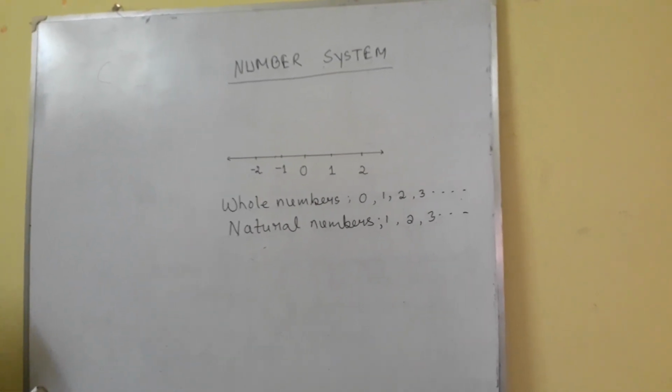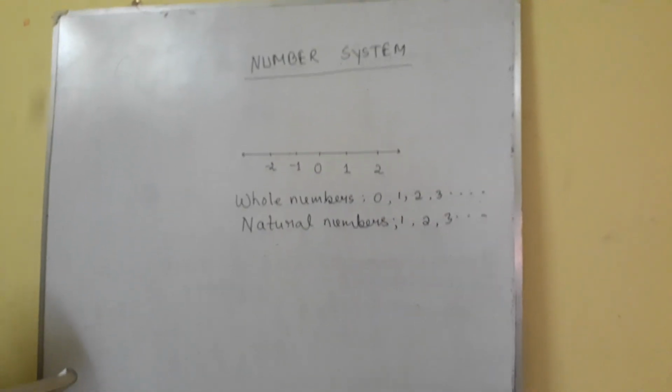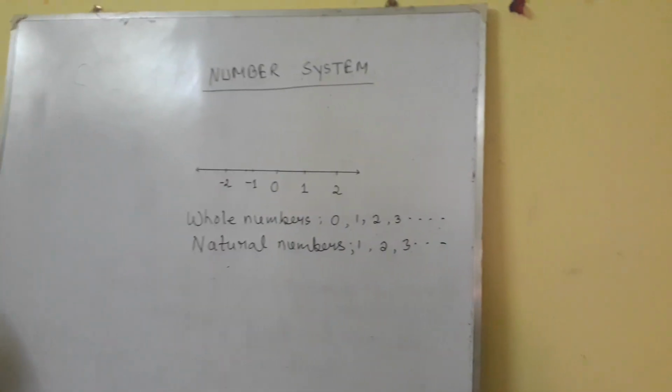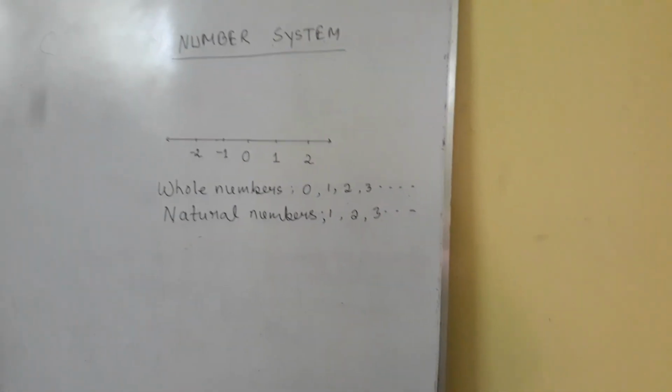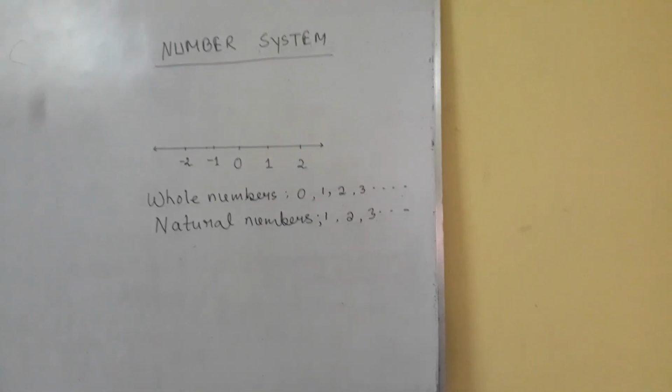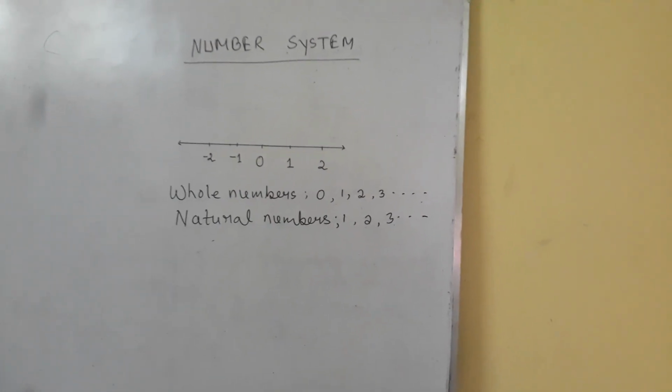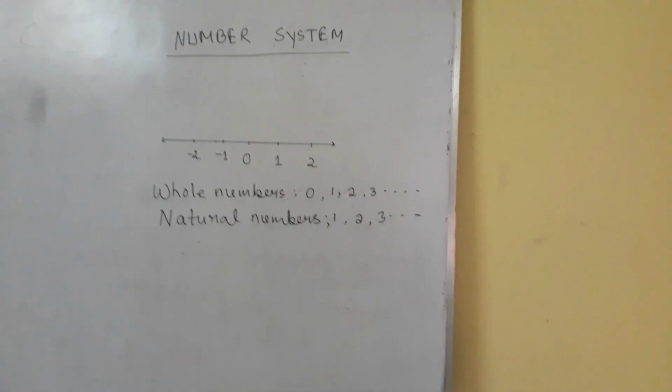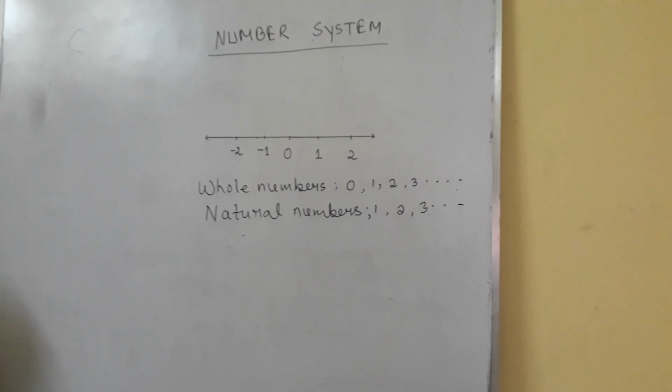And similarly, if we walk in the negative direction, then we get all the negative numbers. Now the combination of positive numbers and negative numbers together gives a number system.